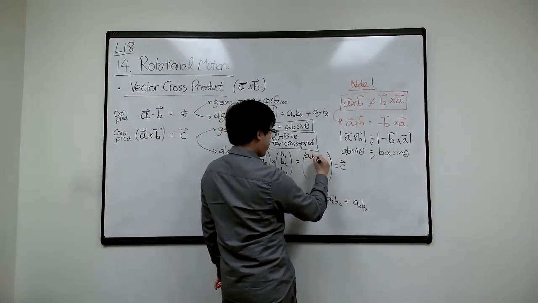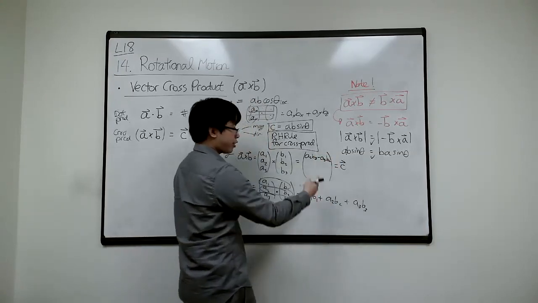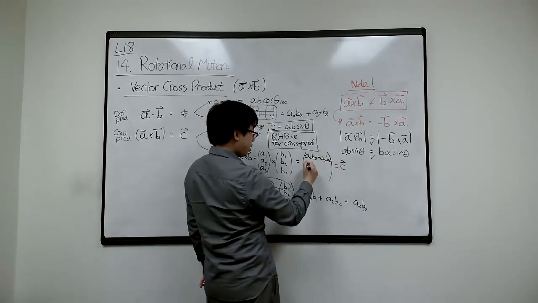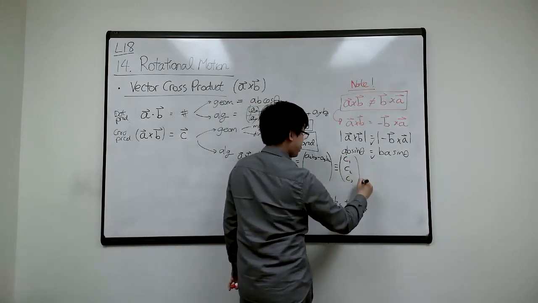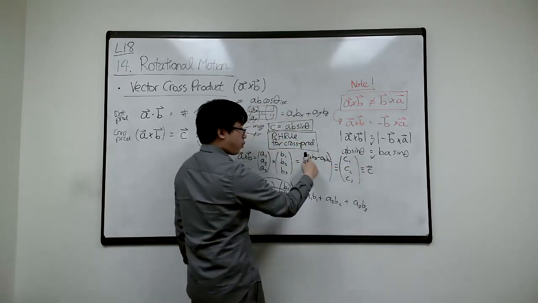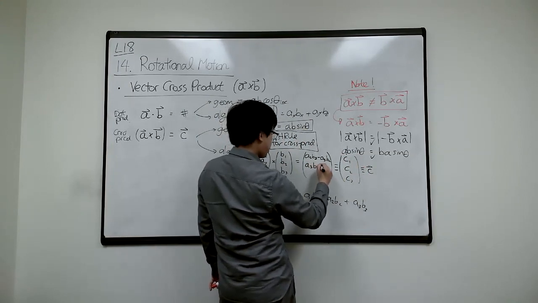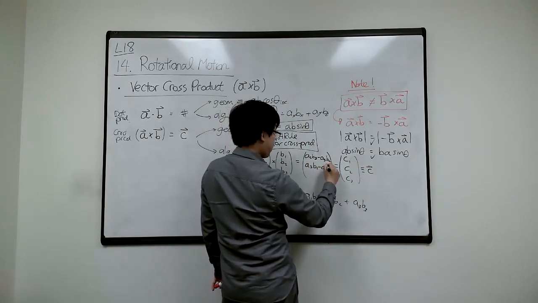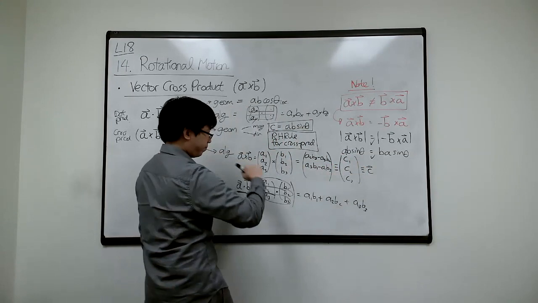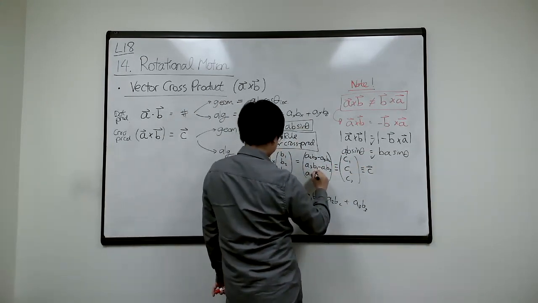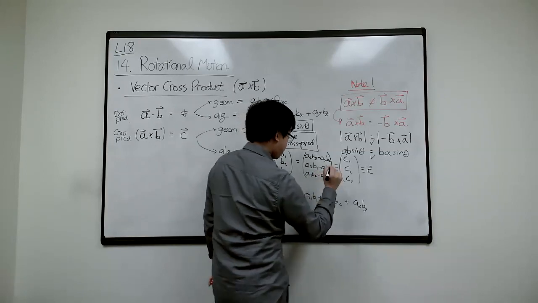A2 B3 minus A3 B2 is the first component of C. So C has C1, C2, C3. C1 is that. C2 is A3 B1 minus A1 B3. And C3 is A1 B2 minus A2 B1.